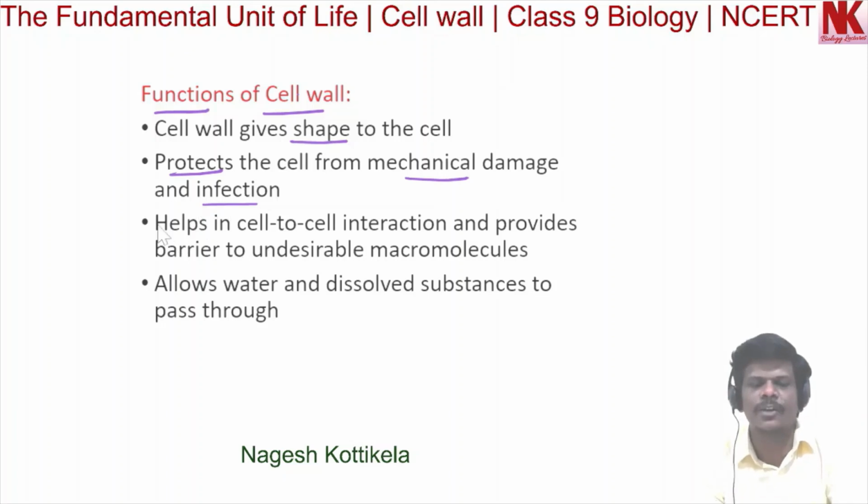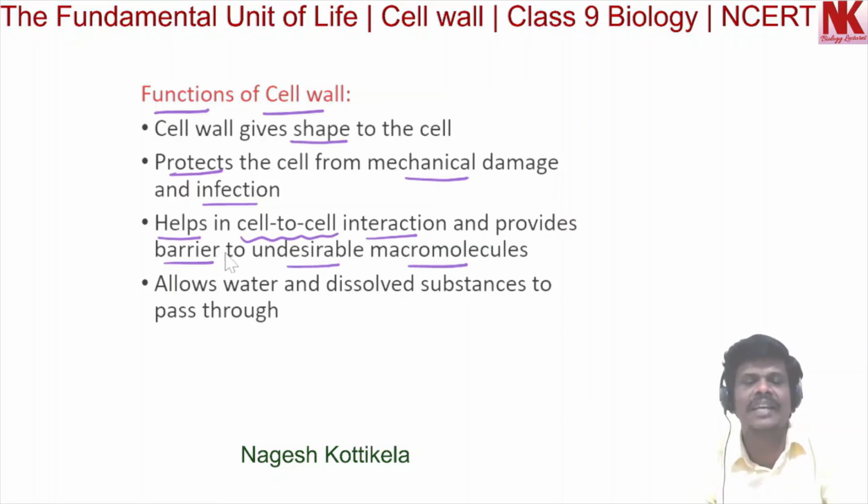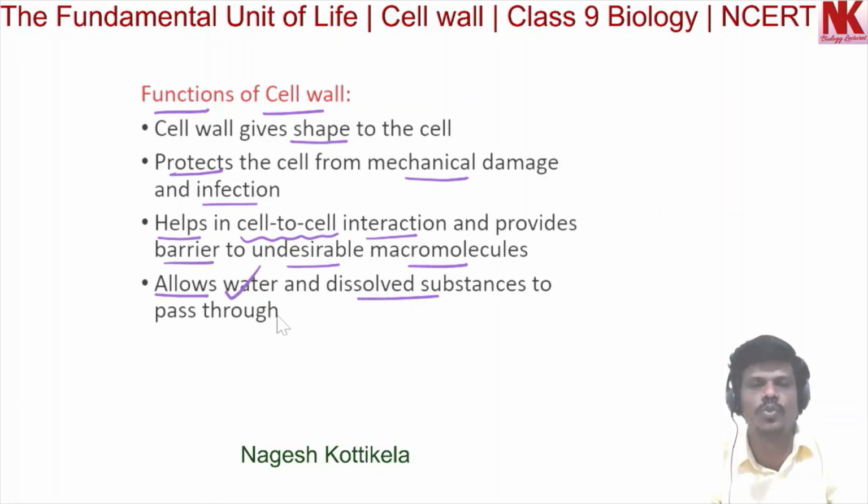And also cell wall helps in cell to cell interaction and provides a barrier to undesirable macromolecules which might enter the cell. So cell wall is acting like a barrier for the entry of undesirable macromolecules, and also cell wall allows water and dissolved substances to pass through it. So these are the functions of a cell wall.